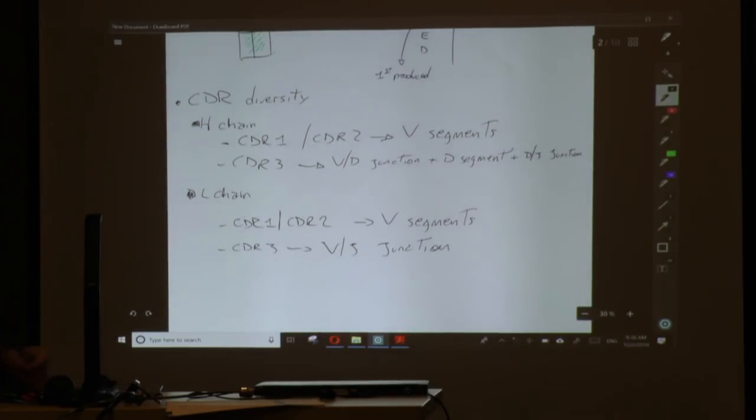So the most diverse part of the binding site of an antibody is going to be the CDR3s for heavy and light chain, because they're made by the junctions of the gene segments, and those junctions are just going to be random, because that's where TdT adds random nucleotides in between.